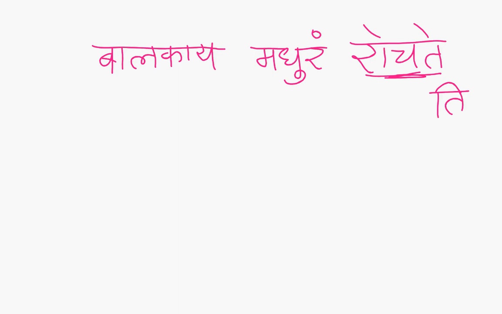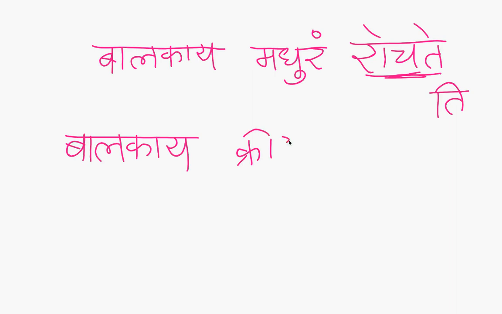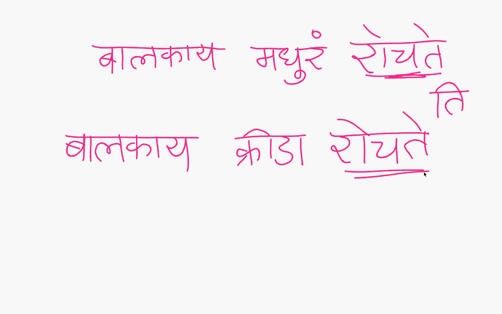Let me give one more example with Rochati, because here it may be confusing. Balakaya, krida, rochate. Krida means play. Now rochate is a kriya padam, vartamana kala, prathama purusha ekavachanam, like patati.